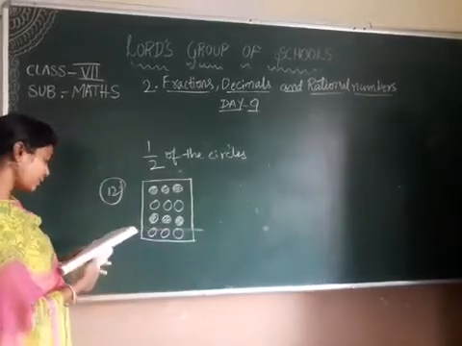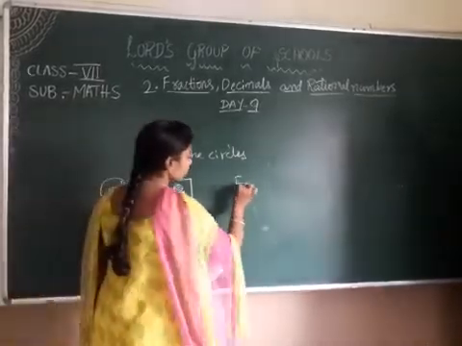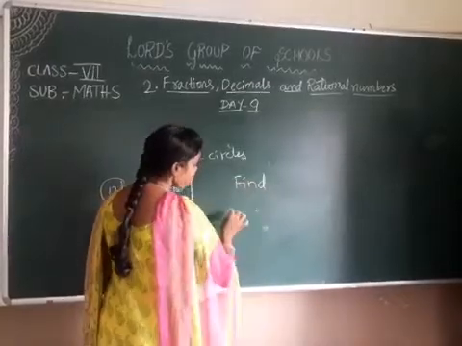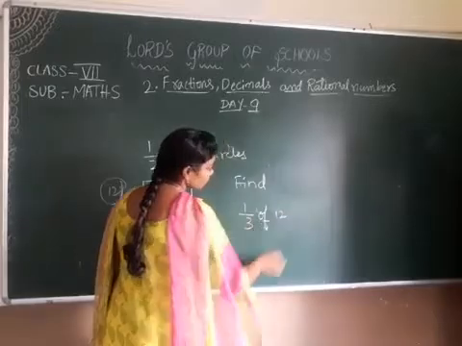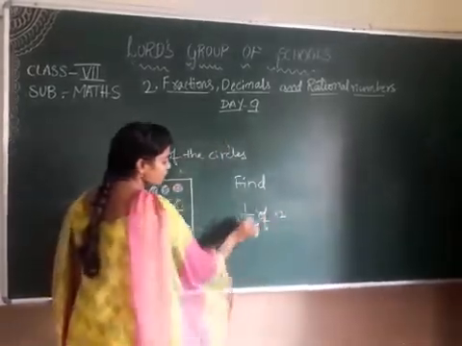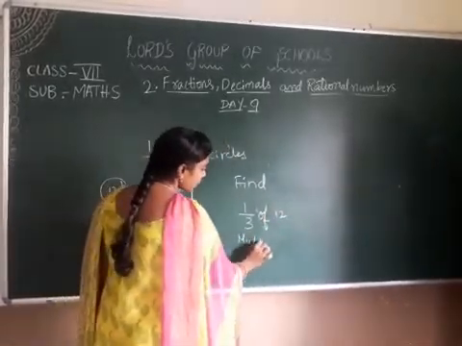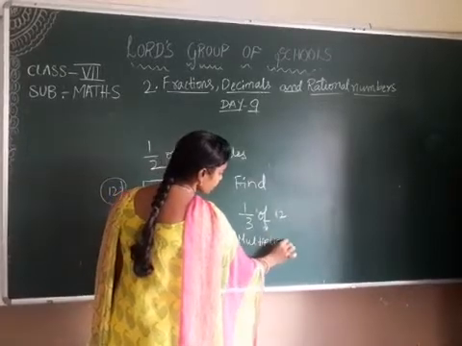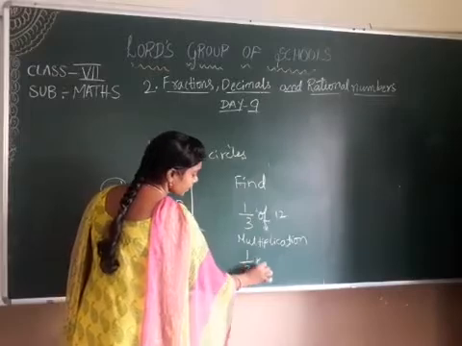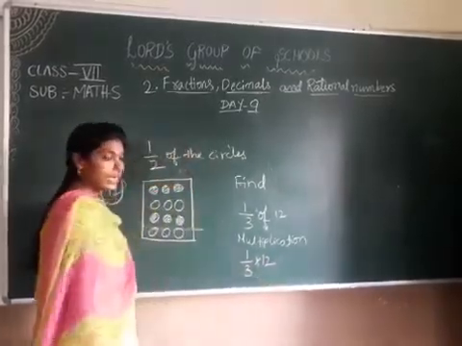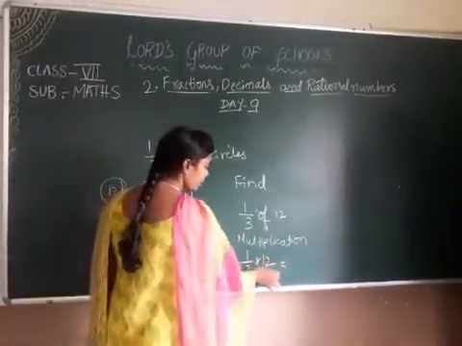One more type is the find question, which is 1 by 3 of 12. Here 'of' means multiplication. So 1 by 3 into 12. It is the same as how we did multiplications just now.